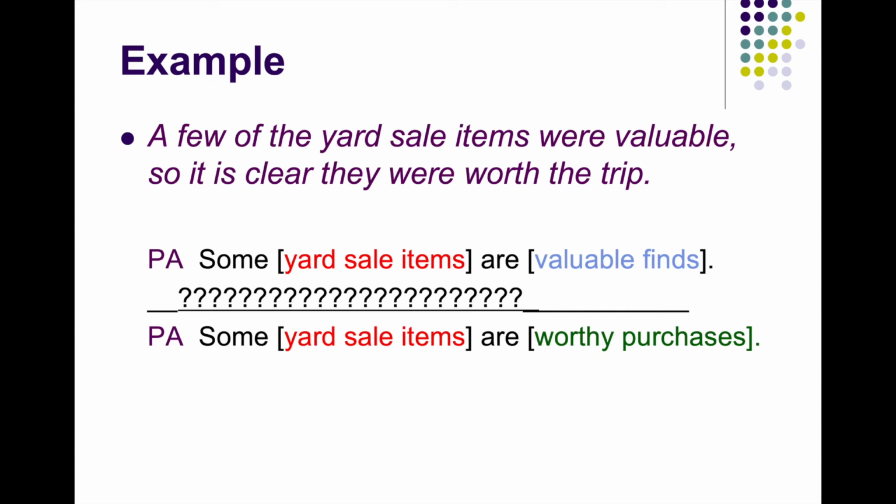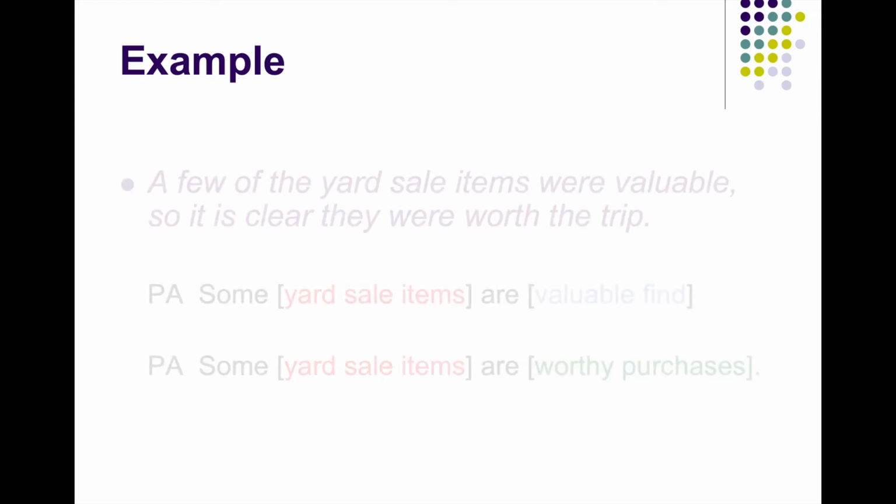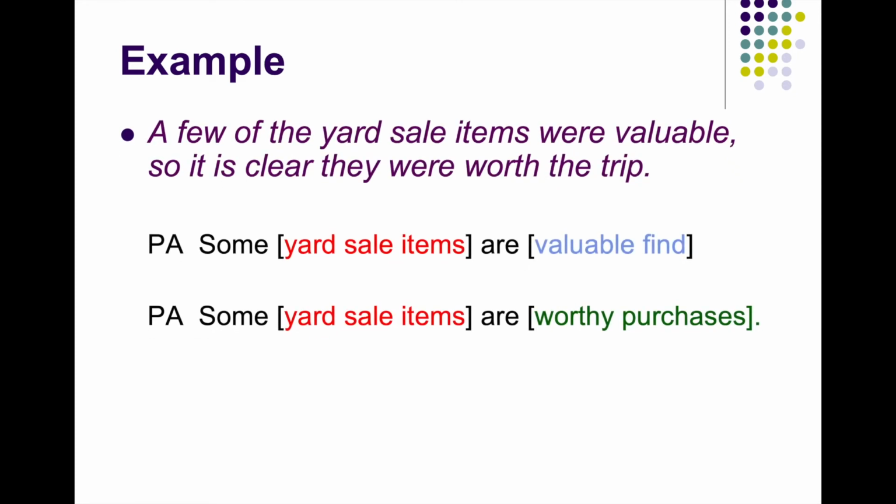So our job here is to generate that missing premise, even though it's nowhere given explicitly in the natural language argument. So what is the missing premise, and how do we find it? Okay. So here's a few of the yard sale items that were valuable, so it's clear they were worth the trip.